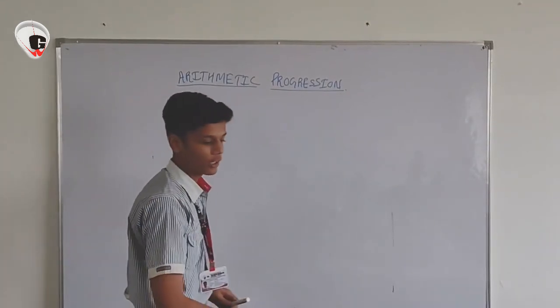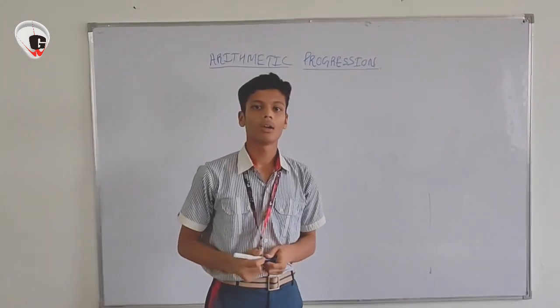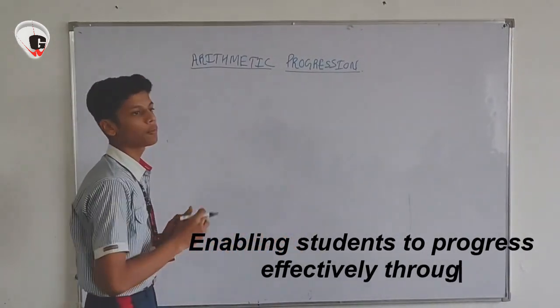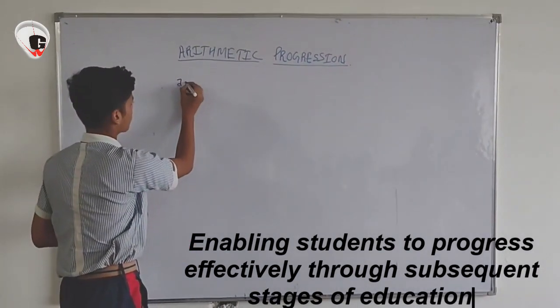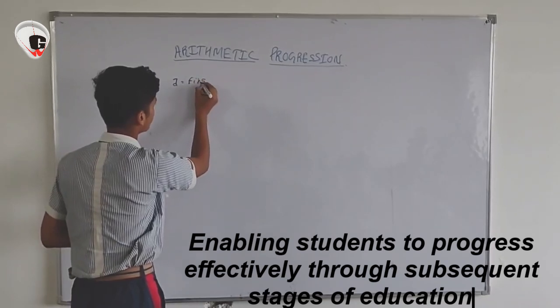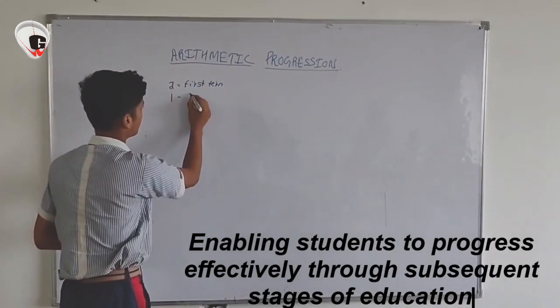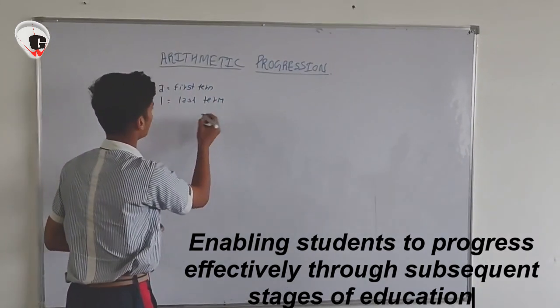Now before understanding the chapter more clearly, first we will see some terms. In arithmetic progression, we name some terms: first, A, that is the first term. L, that is the last term.